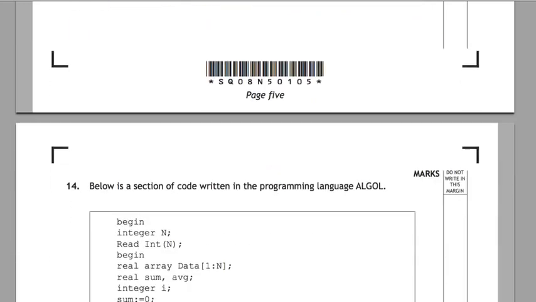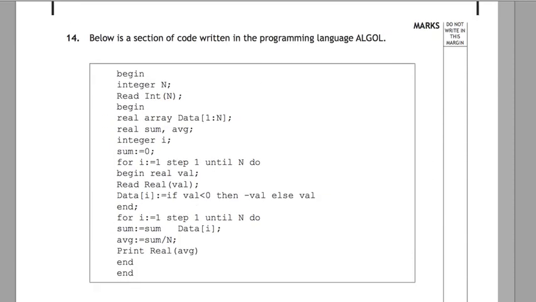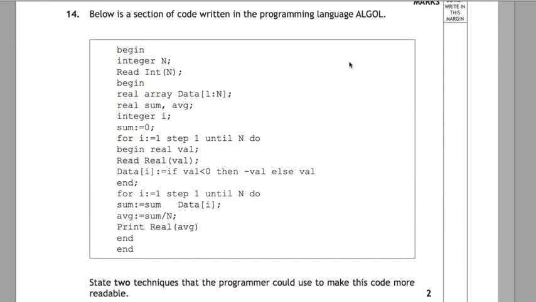And if we scroll further down, here's your program, and hopefully you'll be sitting there thinking, what is this program doing? Because you have to state two techniques the programmer could use to make it more readable. First thing I see is a variable. There's this variable called n. Okay.